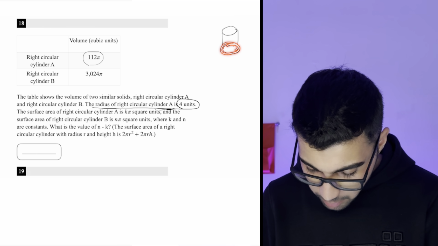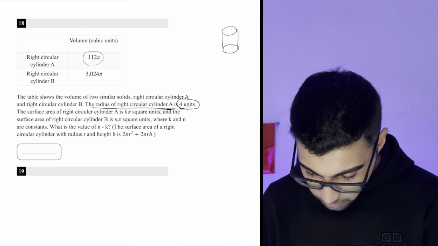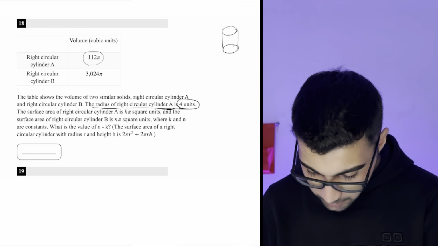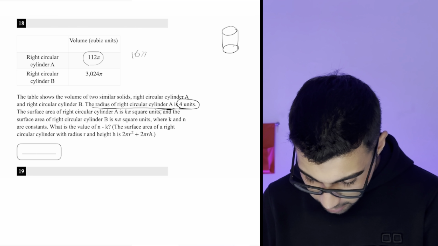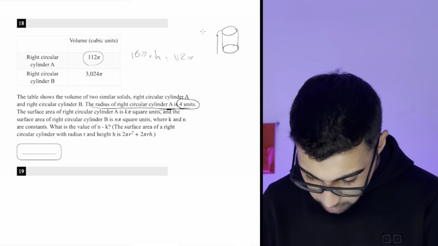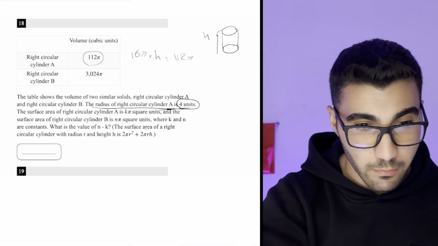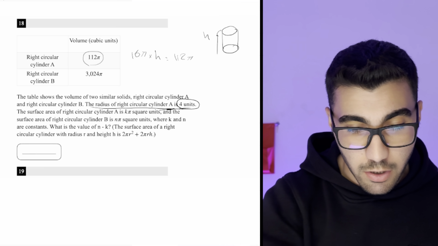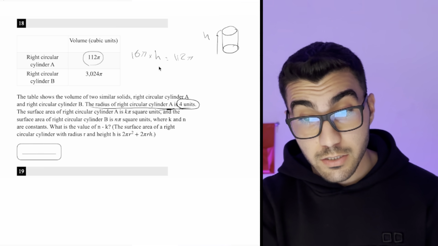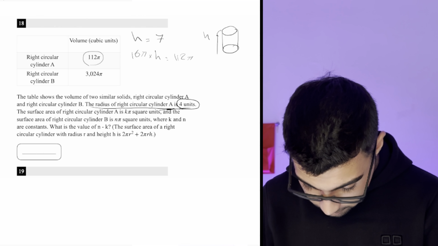So the area of the base, let's just find that, which is going to be πr², and r is 4 units for this one, so it's going to be 16π. So 16π times the height is going to give 112π. So that means, what was the height of this one? I can do by dividing 112 by 16, right? 112 divided by 16, 7. So the height of A was 7.